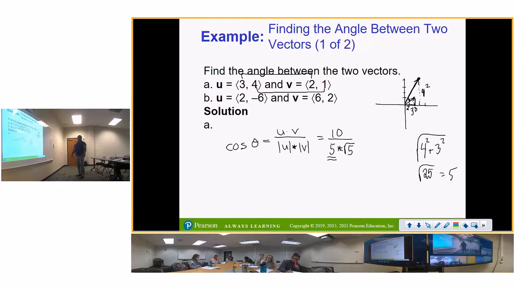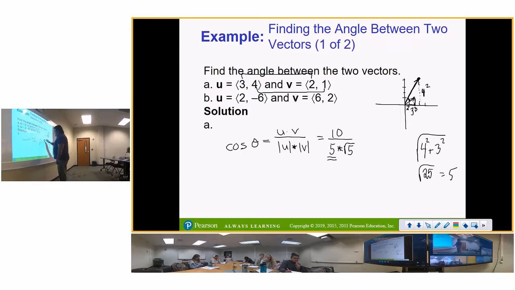And I don't know if they want you to use, I'm going to use, since we're in academia and we don't do real world, I'm going to do it with the radical. Because that counts for nothing out in the real world. So anyway, 10 over 5 times square root of 5, multiply by square root of 5 over square root of 5.